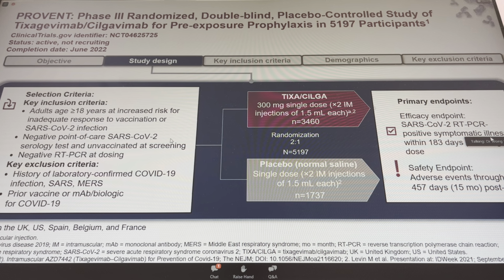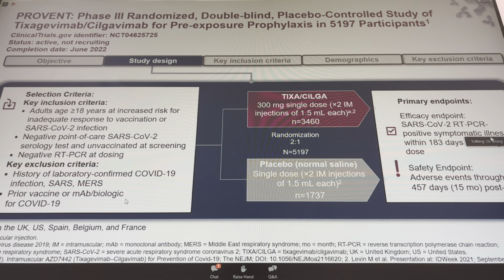The exclusion criteria is if they recently had COVID-19 infection. They also excluded patients who had SARS and MERS in the past.